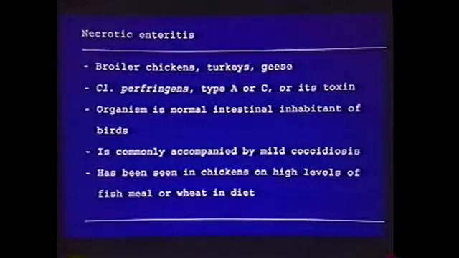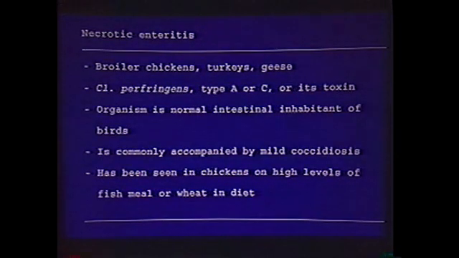This is necrotic enteritis, commonly seen in broiler chickens, occasionally in turkeys and geese, caused by Clostridium perfringens type A or C, or its toxin alone can induce this condition too.